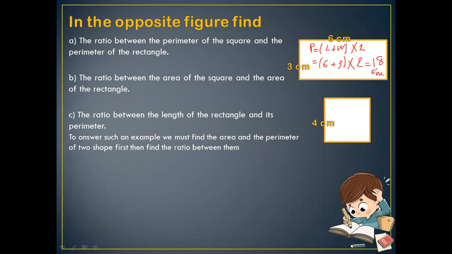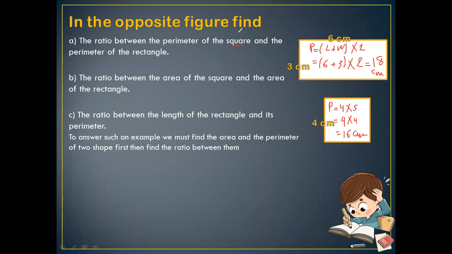This is the perimeter of the rectangle. Okay, what about the perimeter of the square? It's 4 times S, which means 4 times 4 equals 16 centimeters. Okay, so now he needs the perimeter of the square and the perimeter of the rectangle.